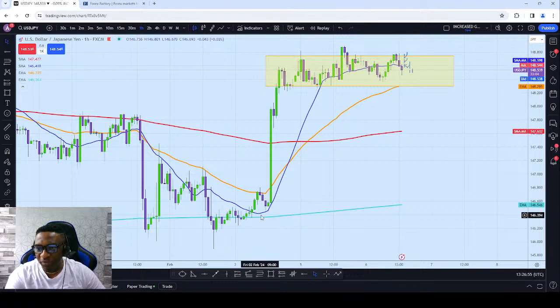So price is above the moving average, the blue moving average. That's tick 1. Position passed. The dominant color we see from here is green. So color dominant is also passed.